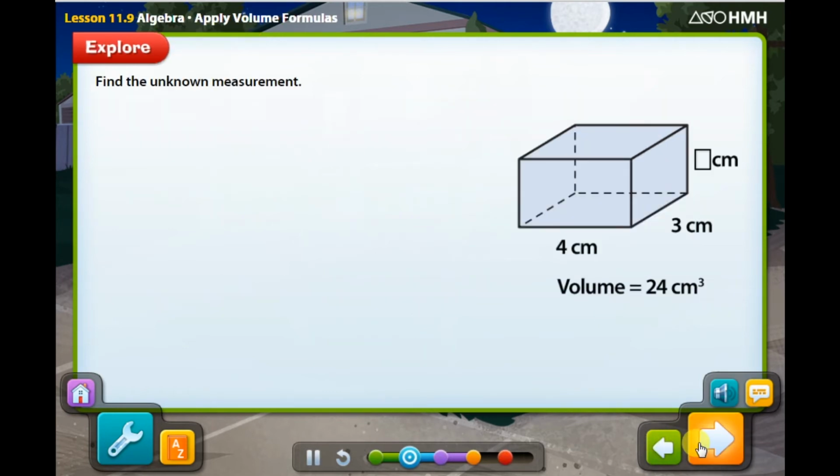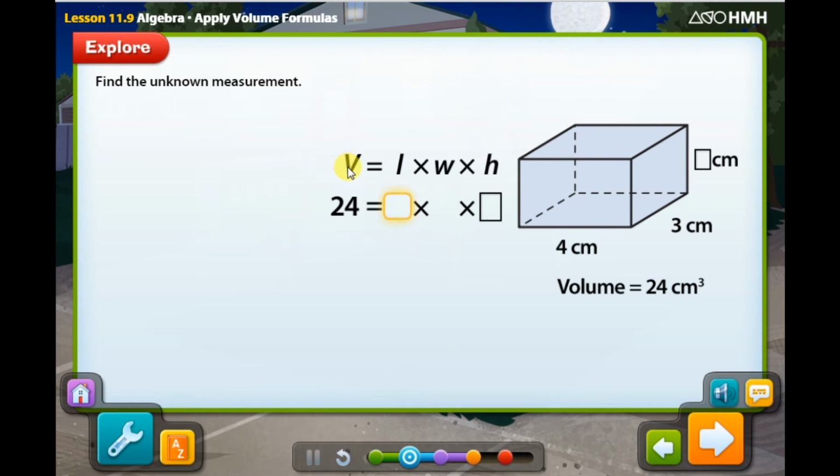Let's find the unknown measurement in this problem. The volume of this rectangular prism is 24 cubic centimeters. Use the formula for the volume of a rectangular prism to find the unknown height. First, use the formula to fill in the values you know. Okay, so we have 2 formulas to find the volume.